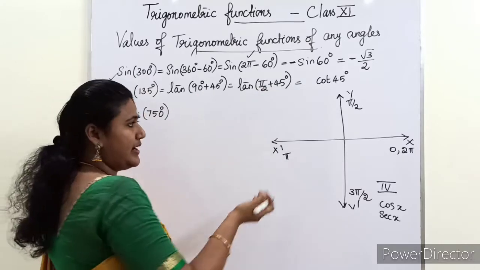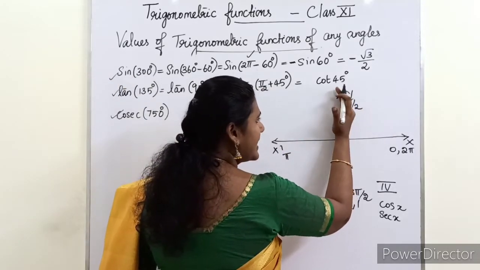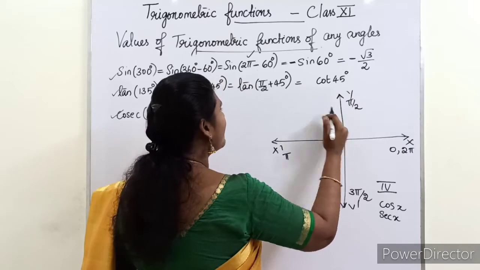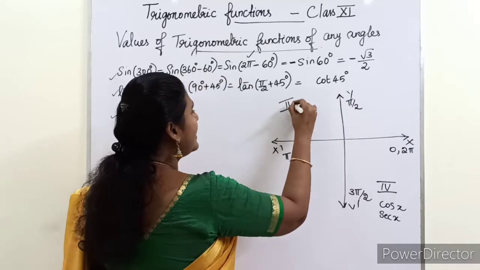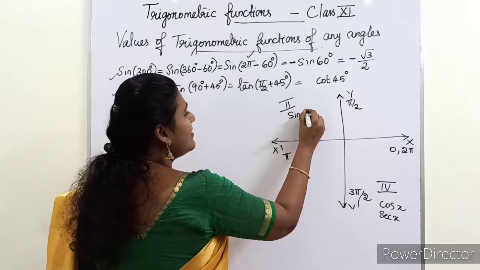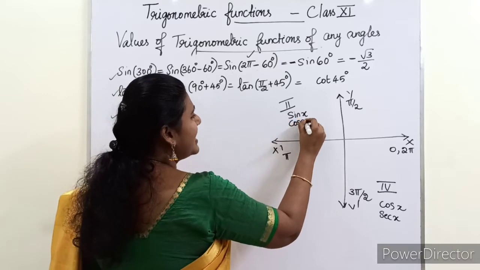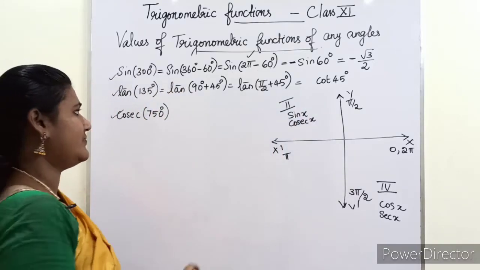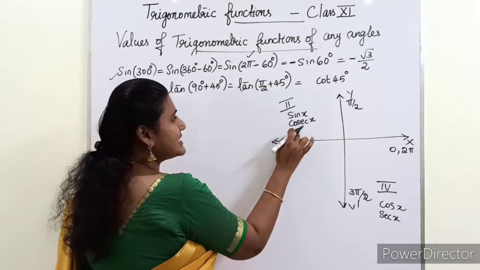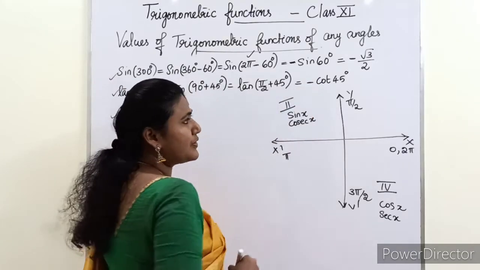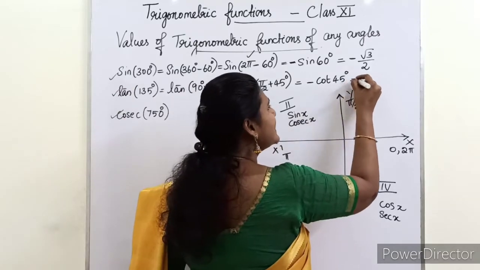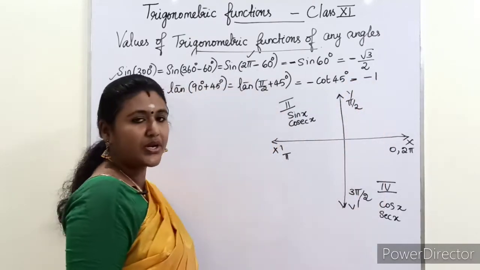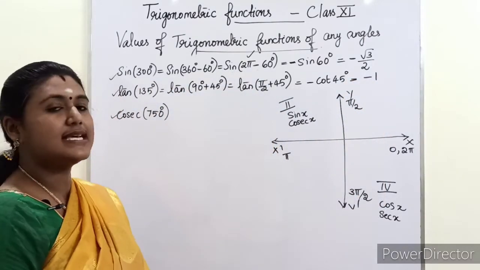Up to 90 means the first quadrant. 90 plus 45 means the second quadrant. In the second quadrant, sine function is positive. Sin and cosec x are positive. Other functions are negative. So here the tan function is negative, so we have to put a minus sign. So the answer is minus 1. Cot 45 is 1. So the answer is minus 1.